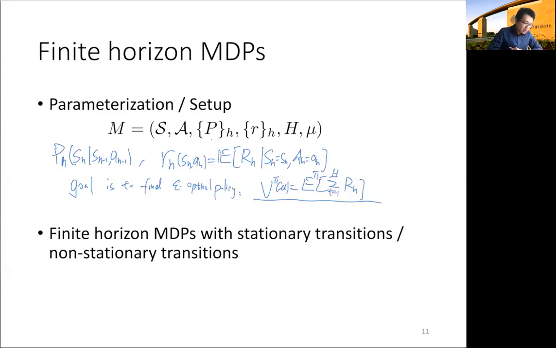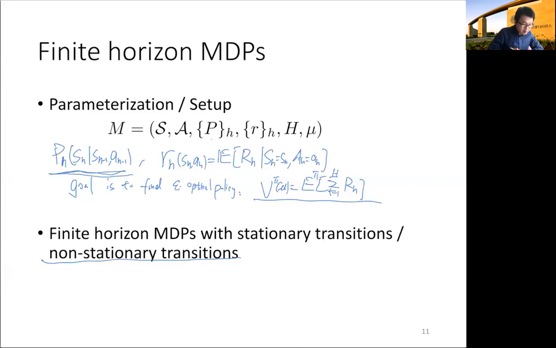Okay, so the thing about finite horizon Markov decision processes is that there are some inefficiencies if you specify the transition like this. This is what we call non-stationary transitions, right? We can specify the non-stationary transition, which is strictly more general because now the transition dynamics can change over time.